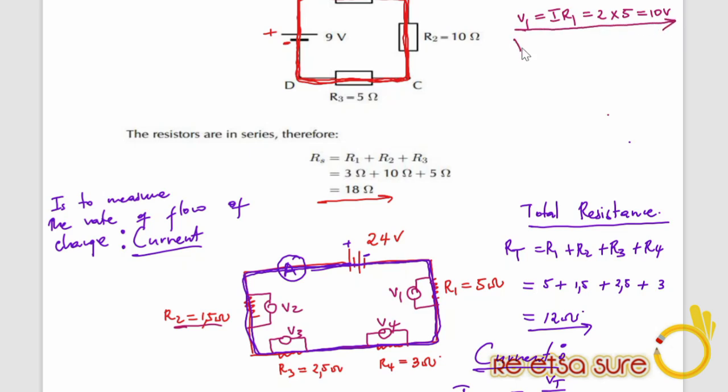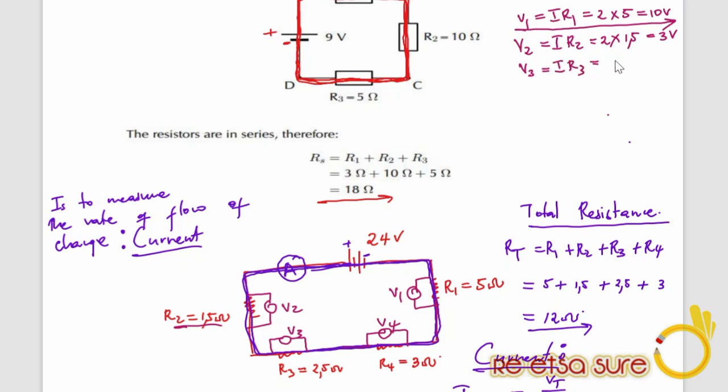Let us check V2. V2 is equal to I R2. What is my I? My I is 2 multiplied by 1.5, which is equal to 3 V. Are we together? Yes. What is V3? V3 is equal to I R3.